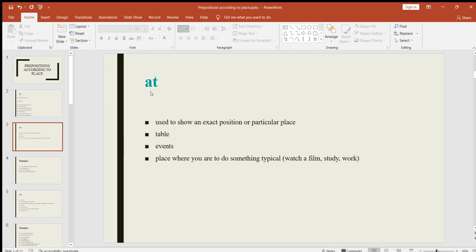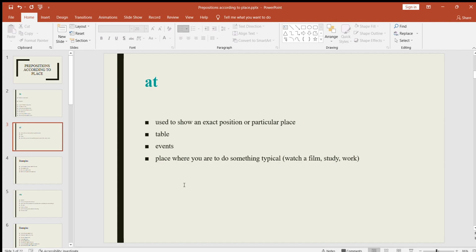And here, "at," according to place, is used to show an exact position or a particular place, for a table, for events, or for a place where you do something typical, like watching a movie, or for studies, or for work.